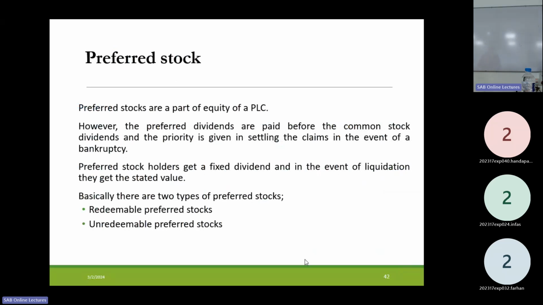When it comes to the preferred shares, what are the differences between ordinary shares and the preferred shares? Can you explain? Yes. What are the characteristics that make the difference between ordinary shares and the preferred shares?